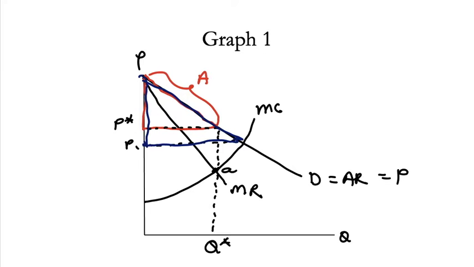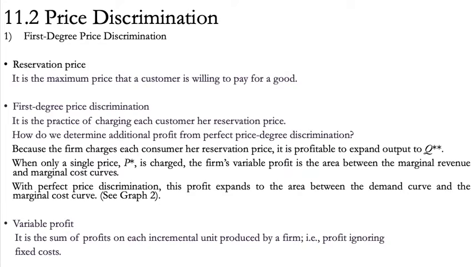It is an ideal situation in which, if I'm the monopoly firm or the imperfect firm, I can charge every single consumer in the market a different price level because I know how much they are willing to pay. I mean the highest price they are willing to pay.